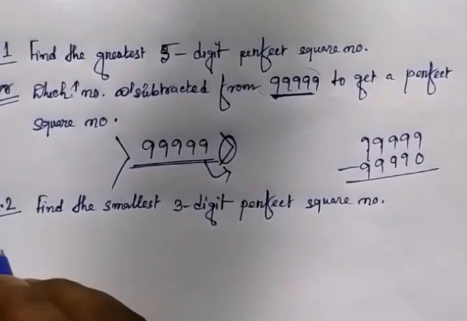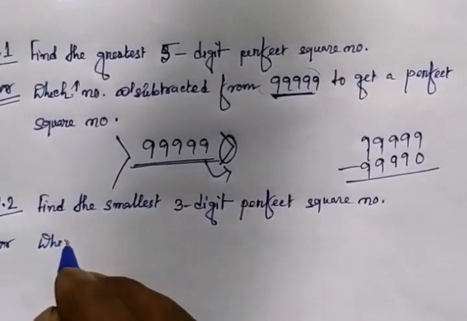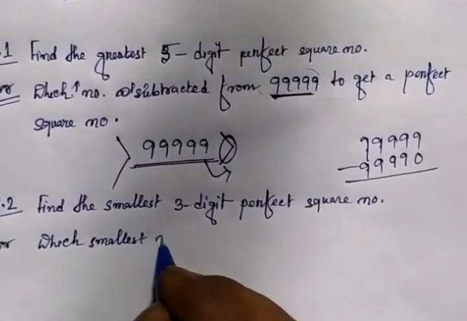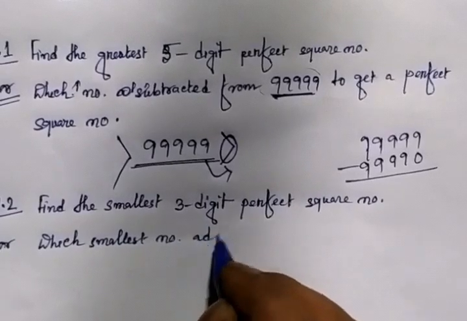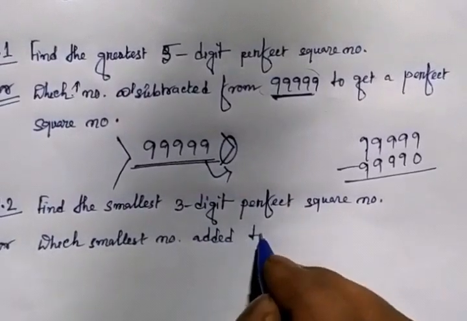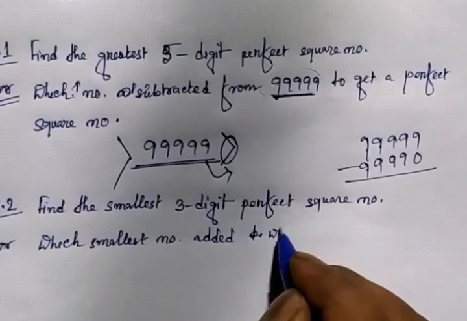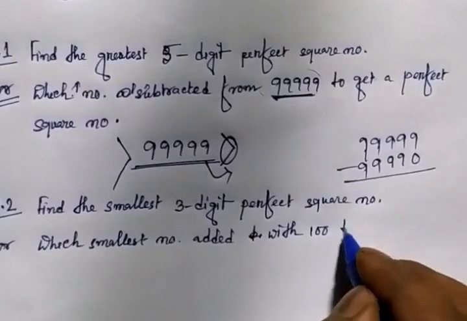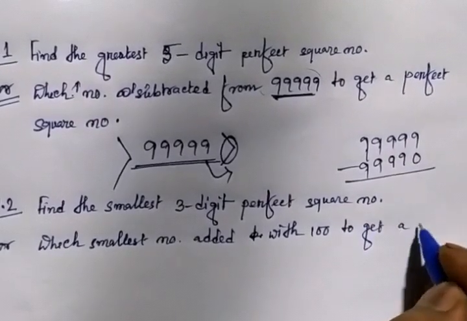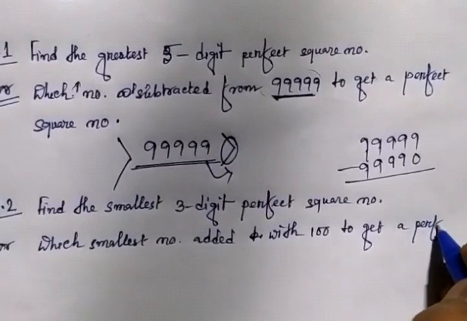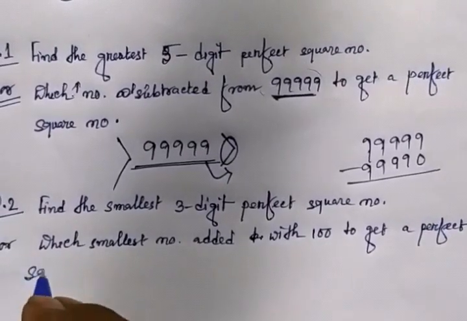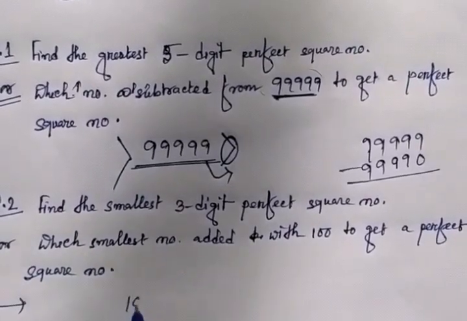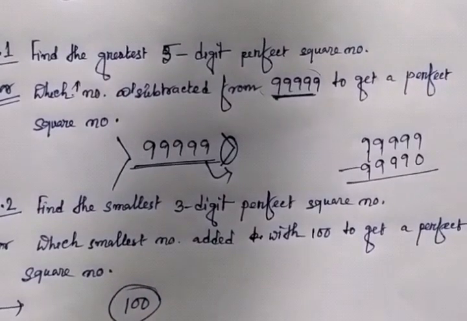Or, which smallest number should be added to get a perfect square number? Here also, the 3-digit smallest number is 100.